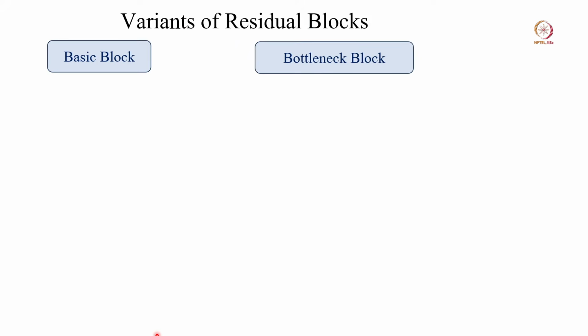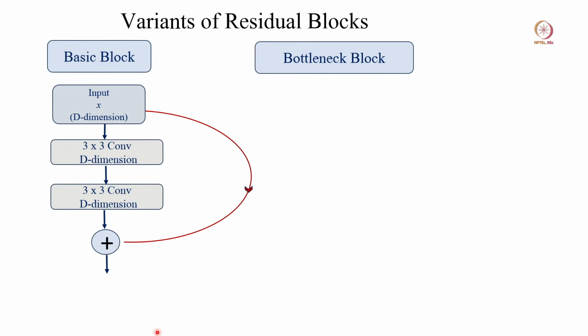Okay. Now, we will have a look into what are the different variants of residual blocks. There are two variants basically, the basic block and the bottleneck block. We will see what is the difference. First, we will have a look into the basic block. So, in basic block, suppose we have an input x of d dimension, and then we have two convolution layers, 3 cross 3 convolution, 2 layers of that one.